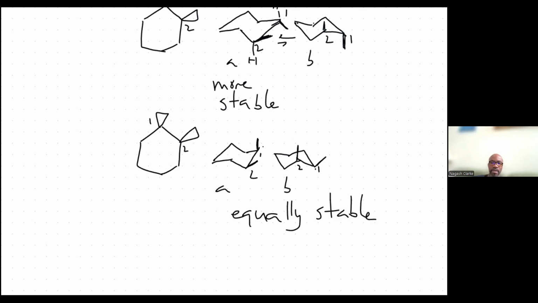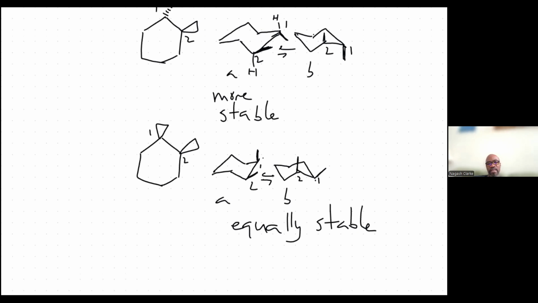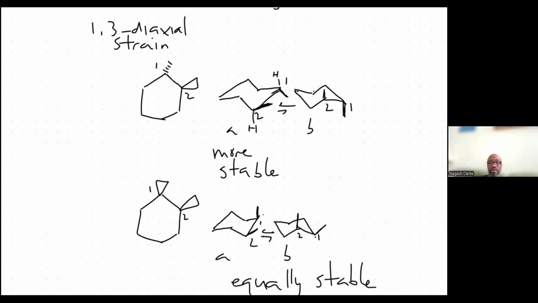So with rings, we will typically give you the planar version with some wedges and dashes, and tell you to convert that to a chair and indicate which is more stable. Then you have to draw your chair and draw the substituents based on the information. Remember, dashes going down, wedges going up, and draw them appropriately, whether axial or equatorial.